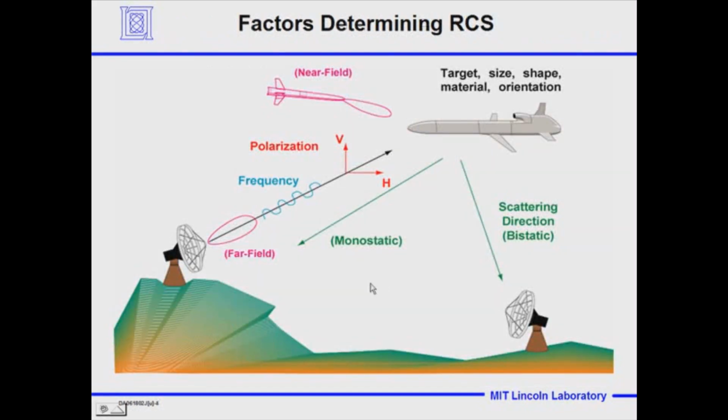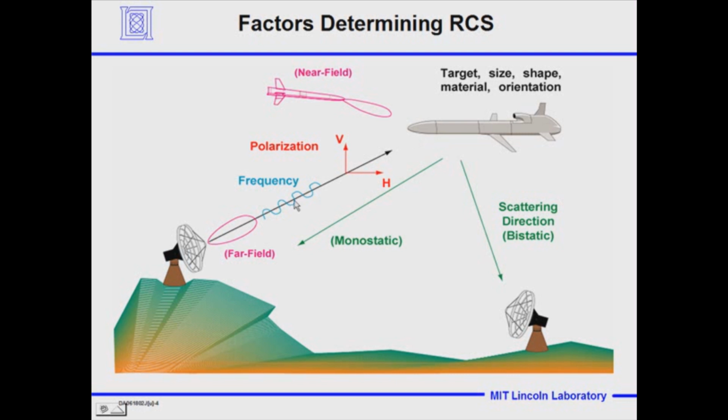Okay. Now, what does this RCS, this radar cross-section, depend on? And I'm just going to talk about things in a general sense now, and we'll get more specific later. Well, first it's going to depend on the frequency of the electromagnetic wave, the microwave energy that's going out and bouncing off the target.